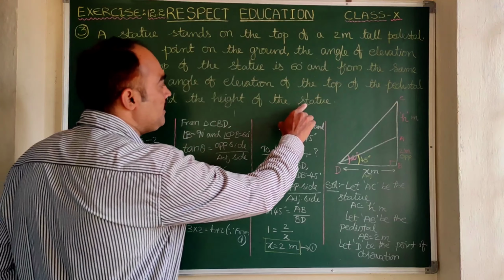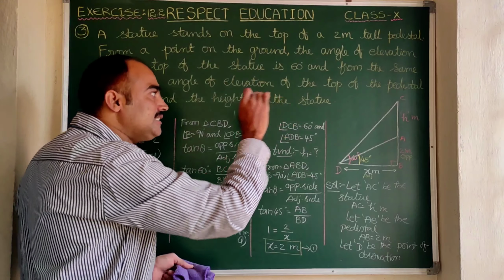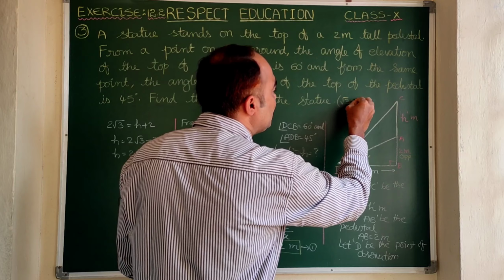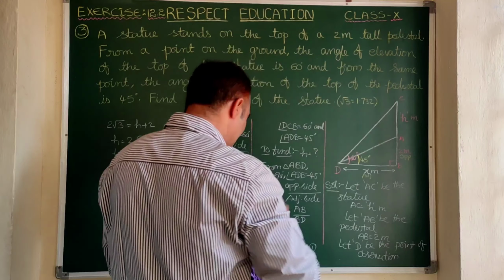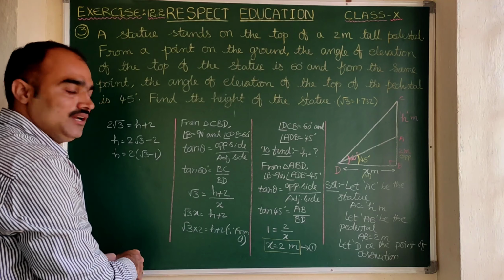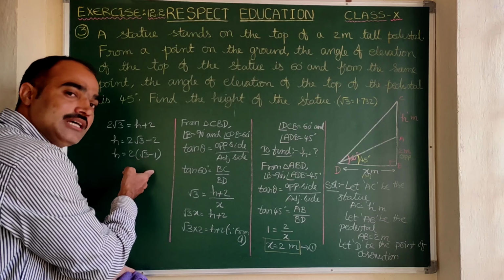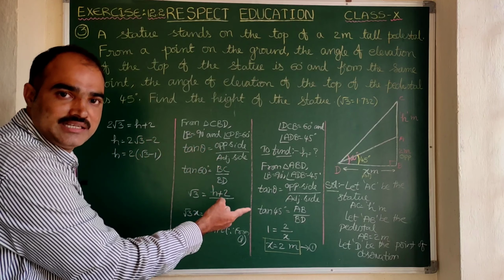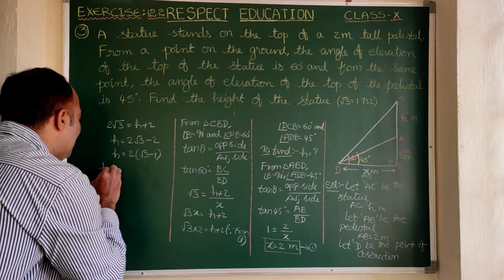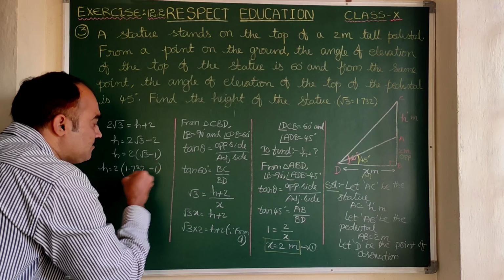Actually in the problem it is to be mentioned that the root 3 value is 1.732. If it is given as use root 3 is equal to 1.732, then we can use the value 1.732 in place of root 3. According to the textbook answer, they substituted the root 3 value and gave the final answer, so let us take this value also. Let us substitute root 3 value as 1.732 and minus this 1.